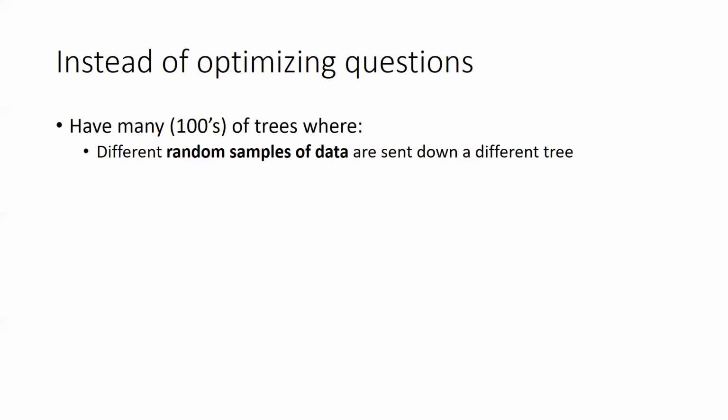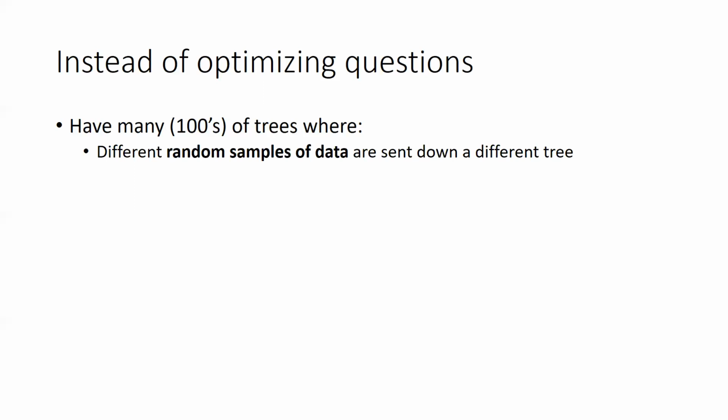And what you're going to do is down each tree, so we still have our training and test data. Right at the start, before we even split up into trees, we take our training data and keep our test data aside for a moment. From that training data, we randomly sample 75% and send it down one tree.